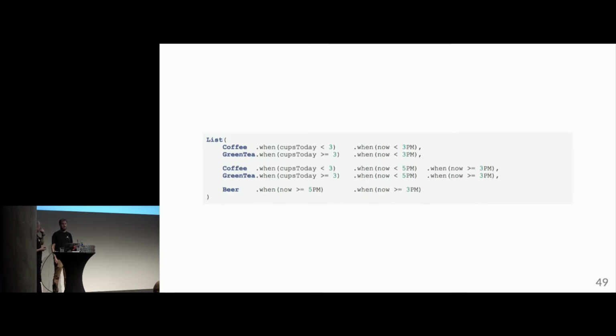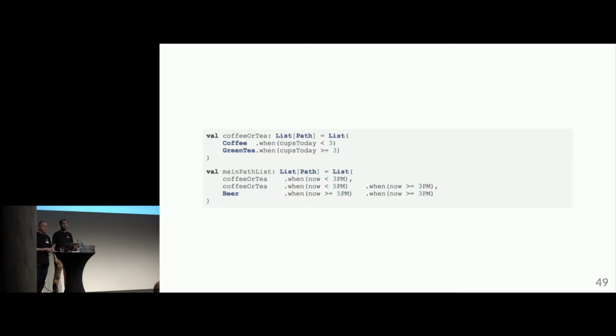If we write out the paths in our path lists, as we've done before, we now see we have 5 paths instead of 3. But these 2 bits are identical. And it would be great if we could pull those out. So let's do what you do in Scala. You pull them out to an intermediate val. Brilliant. So now we've got coffee or tea, which is a list of these 2 subpaths, and our main path list, which builds up out of those.